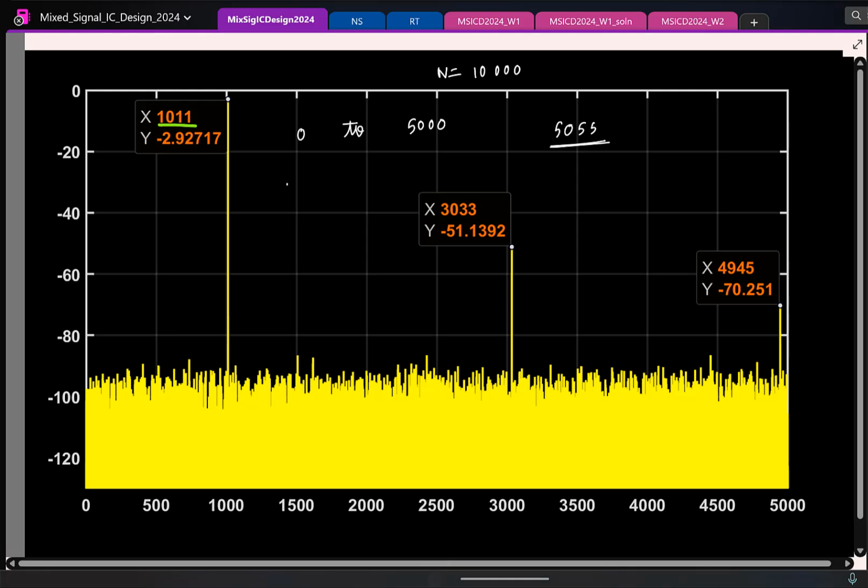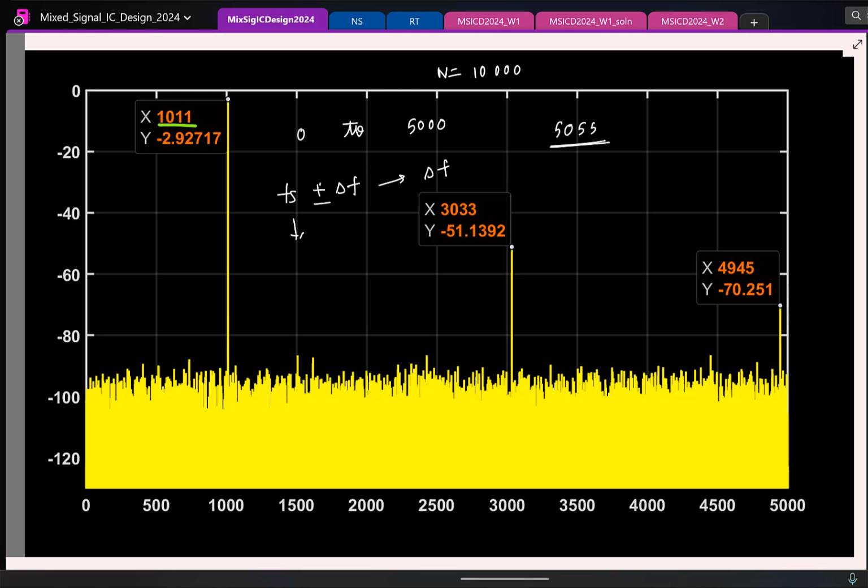Remember this is the thing: fs minus delta f will alias back to delta f. When you map it to the DFT parlance, fs maps to what value of bin? In DFT, what bin number will fs map to?